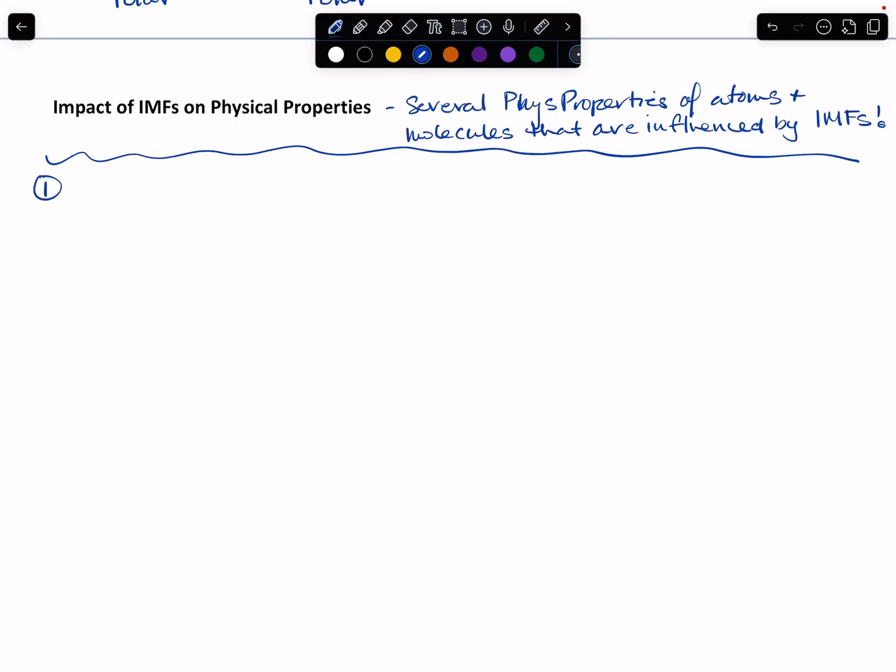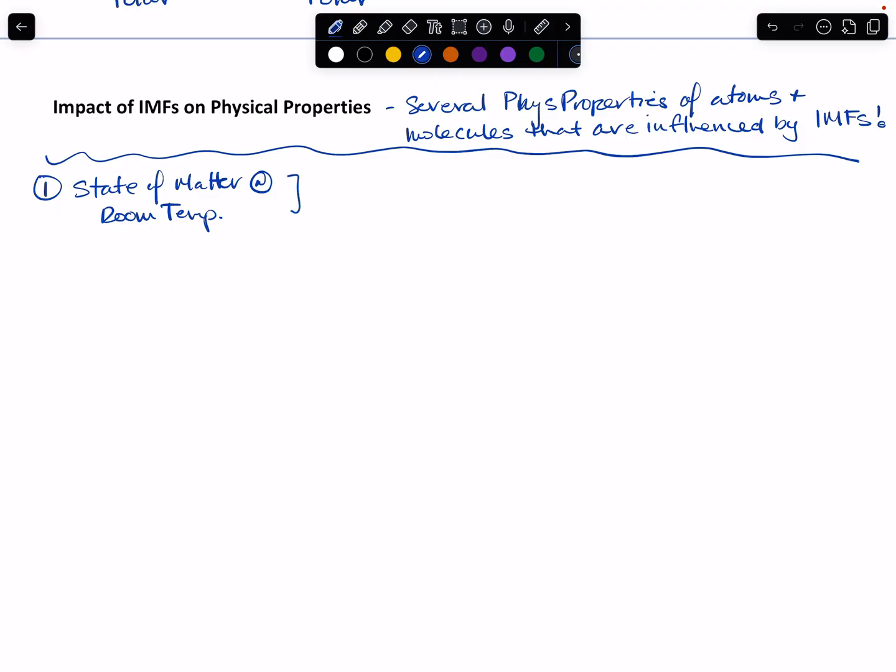The first one is, I'm going to start with the state of matter at room temperature. Now, obviously, if you adjust the temperature, you can adjust the state of matter.